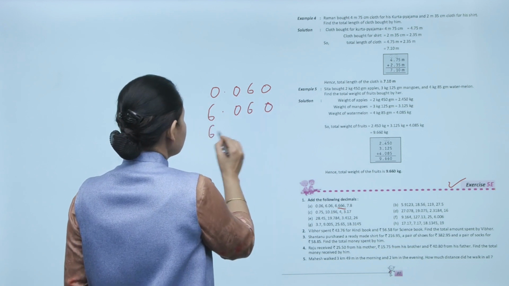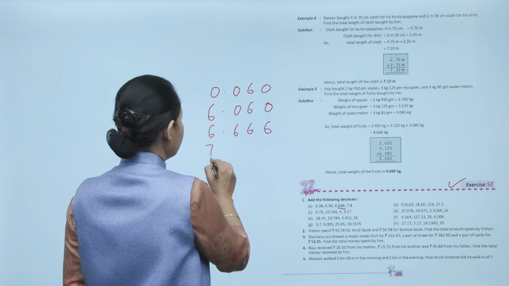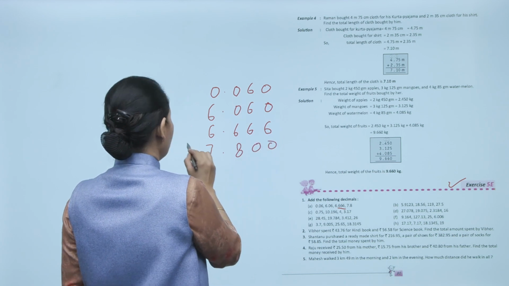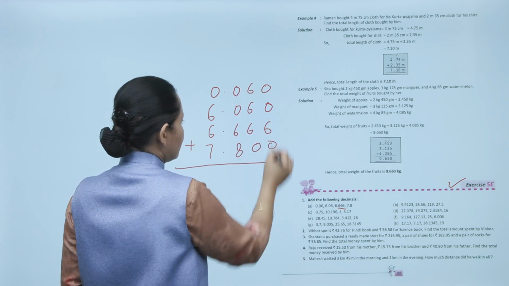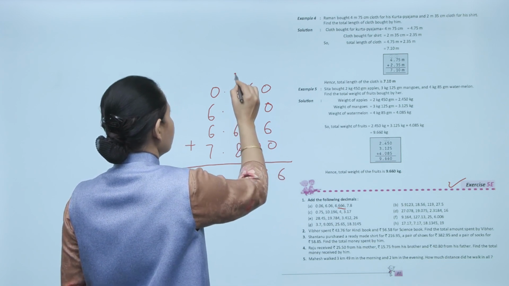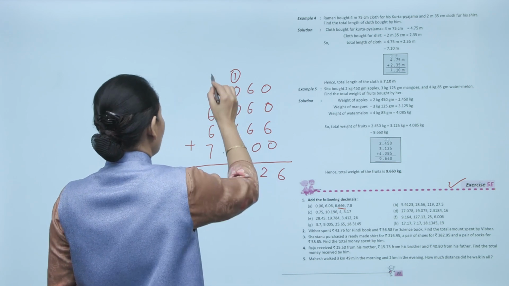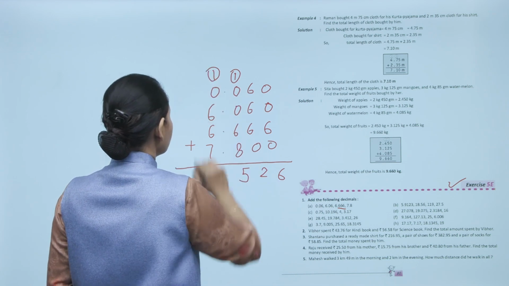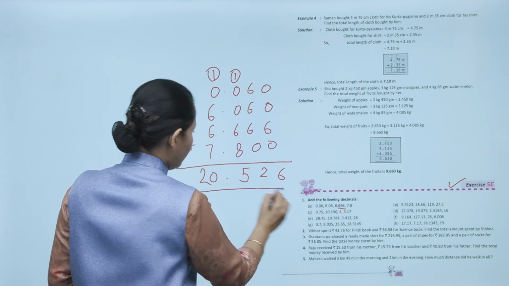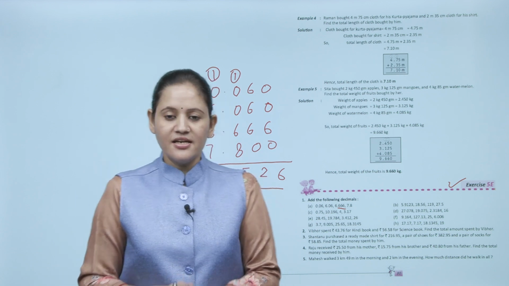Then 6.666 and then 7.800. Now we'll add it. 6 plus 6 12, 1 carry over, 8 plus 6 14 and 1 15, 5, 1 carry over, 20 and we'll put decimal there. So sum is 20.526. Clear?